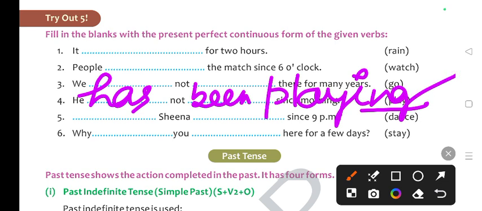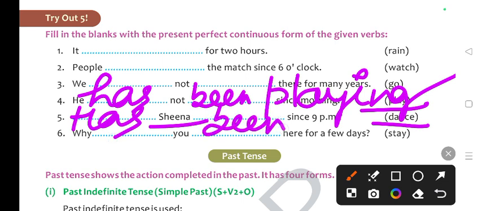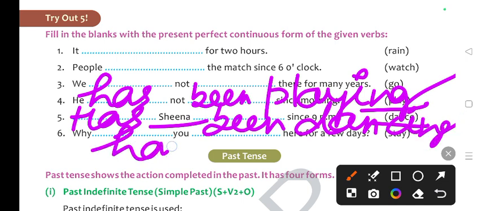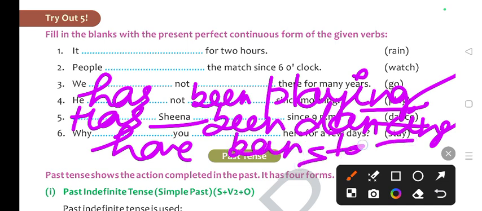Understood? Next, dance is given. And Sheena. Sheena is singular. So we will put here has Sheena been dancing since 9 p.m. Next is, why have you been, then stays there, put ing form, staying here for a few days.